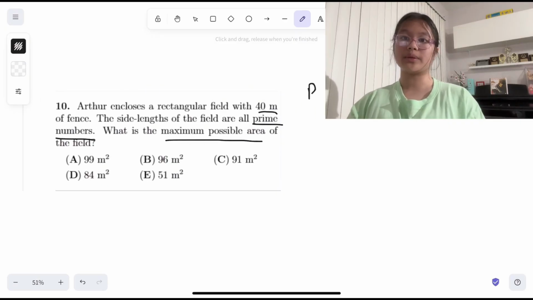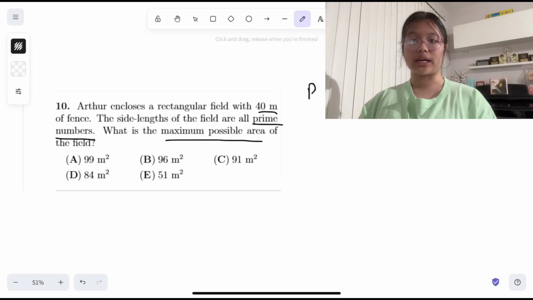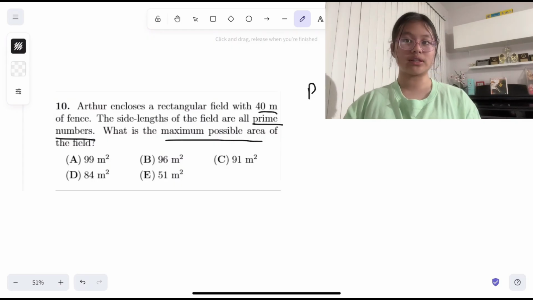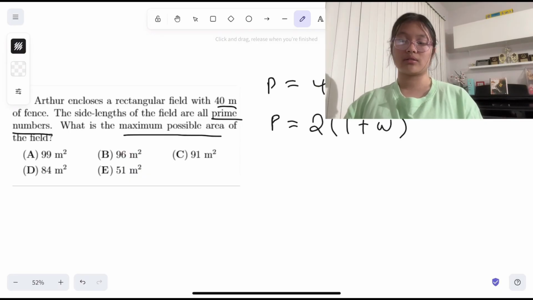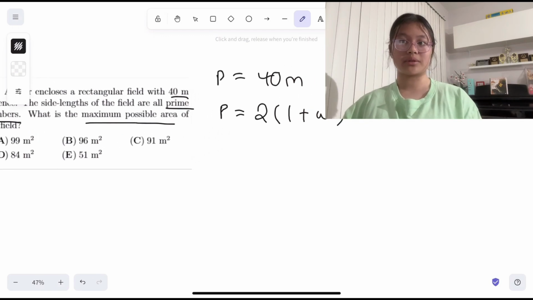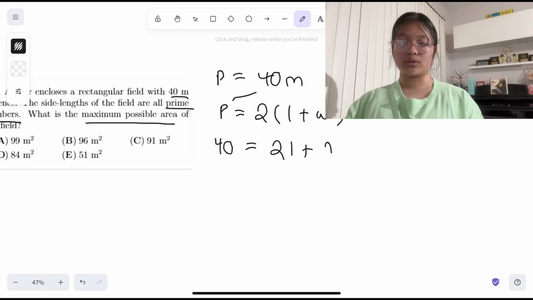So now from the information that was given, we know that the perimeter of the rectangular field is 40 meters. And now, basic information, the perimeter of a rectangle is 2 multiplied by length plus width. So now, since we know the perimeter of the rectangle, we can plug it into the equation. So 40 equals 2 multiplied by length plus width.